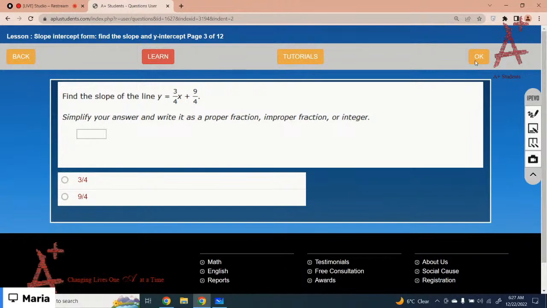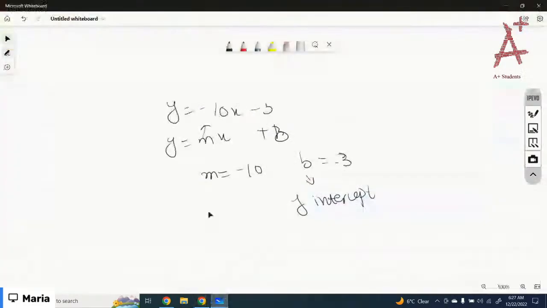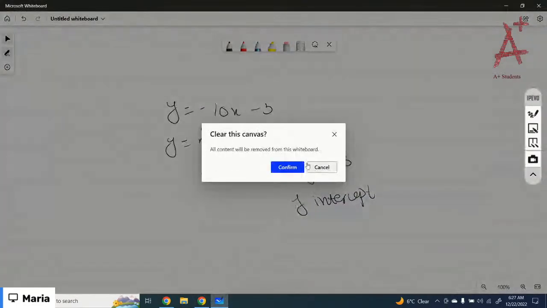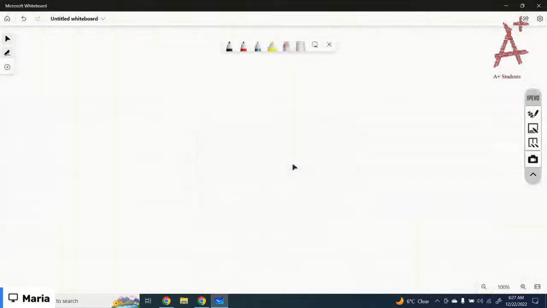Okay, the next one is y equals 3 by 4x plus 9 by 4. Y equal 3 by 4x plus 9 over 4. Got it? You have to compare this equation with the slope intercept form of the equation, which is y equals mx plus b.